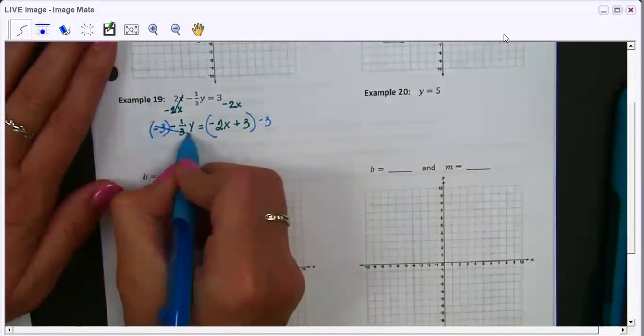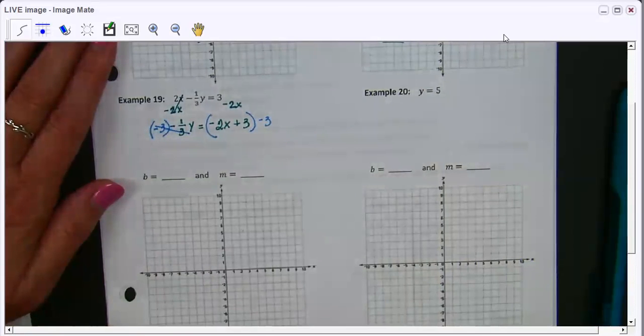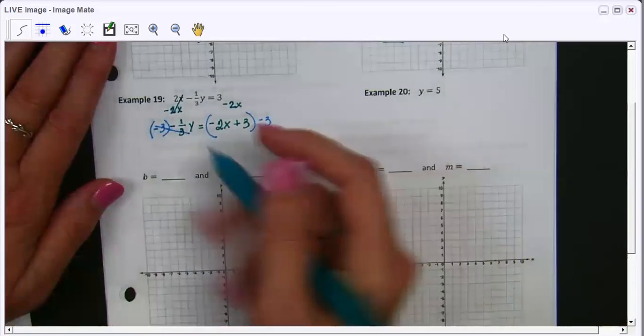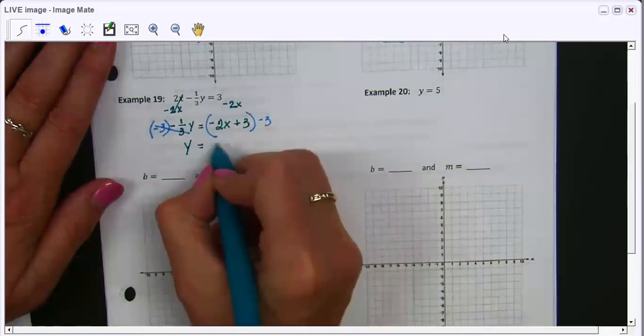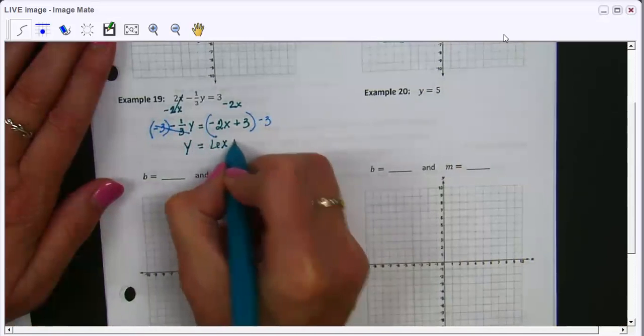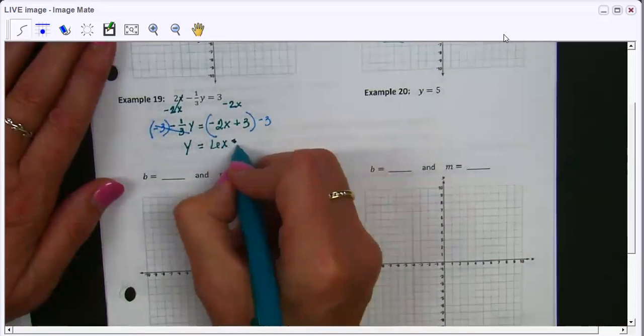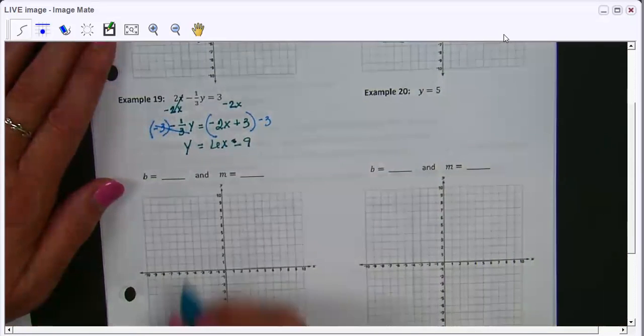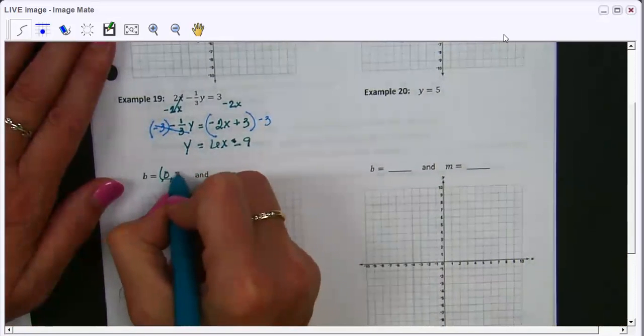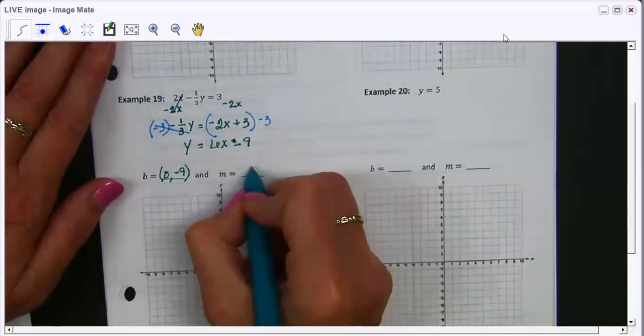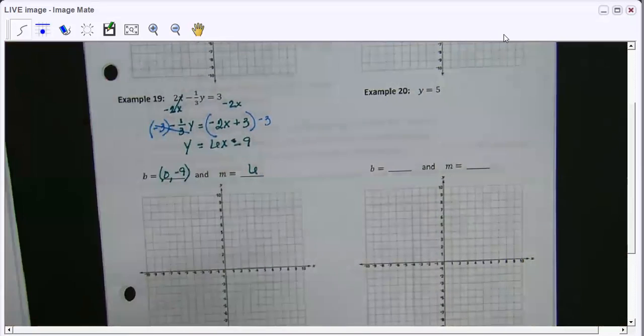So when we do that, we get rid of our fraction on the other side and we're left with y equals 6x minus 9. So our y-intercept is -9 and our slope is 6. Just kind of process that for a minute. There's one like this on the homework.